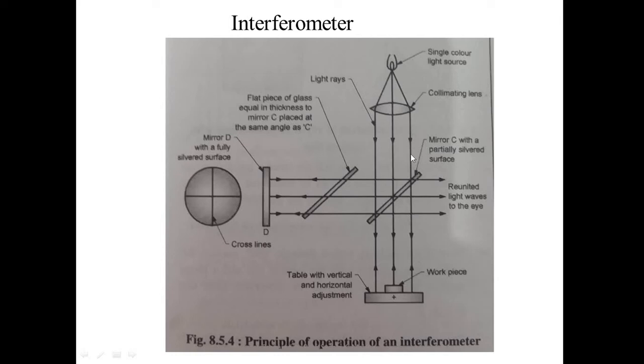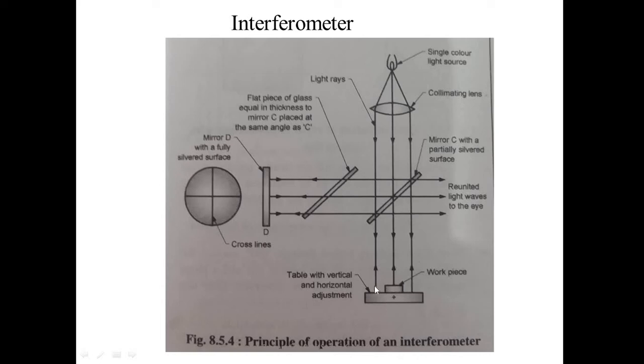Whatever light falls on this mirror C, since this surface is partially silvered, some of the light will pass below this mirror C, and it will hit this workpiece and the table. This is the table, and on this table one workpiece is mounted.